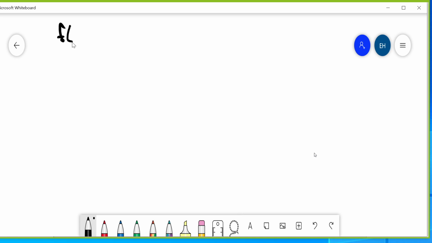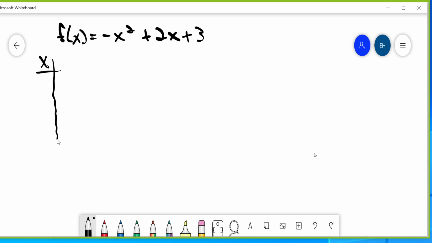f of x equals negative x squared plus 2x plus 3. So what we're going to do to graph this as our first official parabola is make an xy table, or an x input, f of x output table.